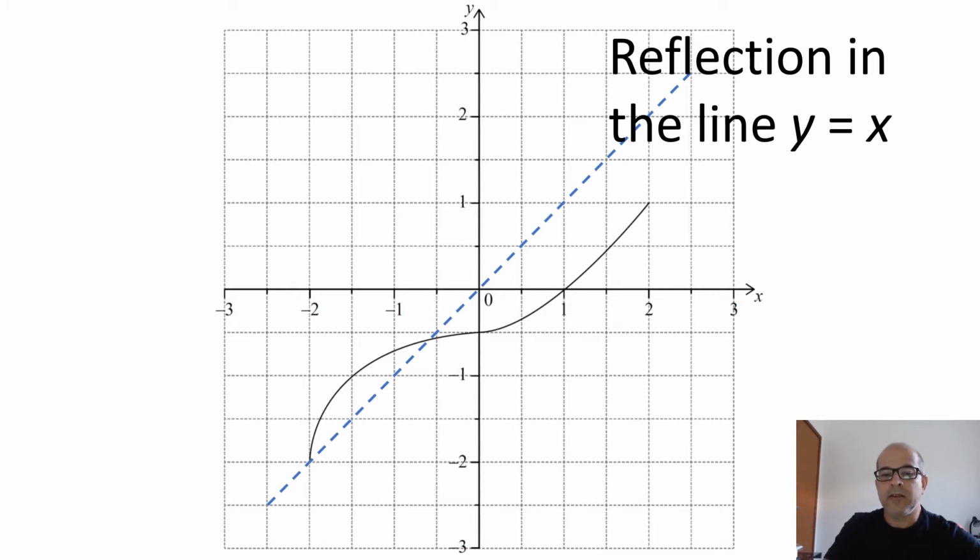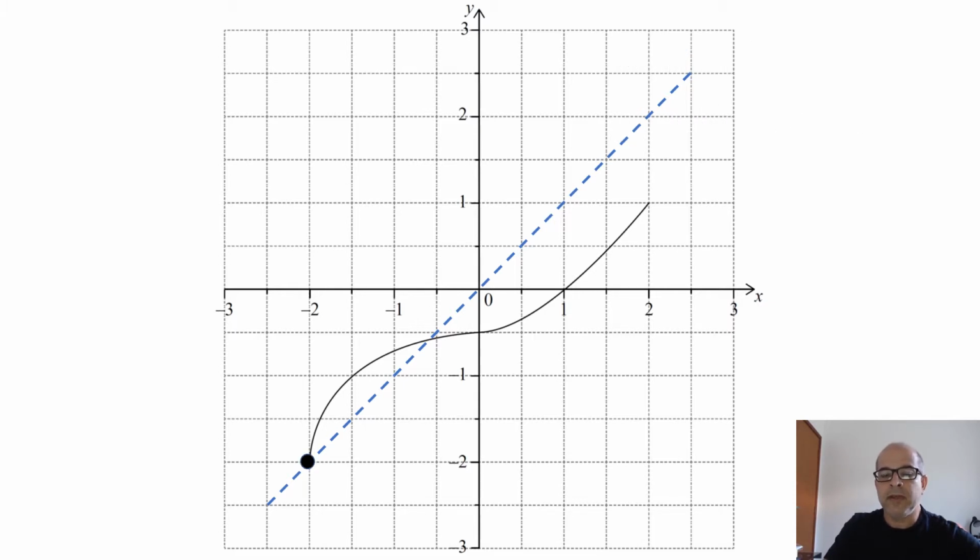The first point is this one, because this point is exactly on the line y equals x. So this is a point of both f and f minus 1. Then we look for another point whose exact coordinates we know, and we do the reflection. The reflection of that point is this new point here.